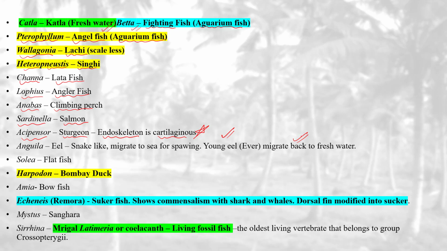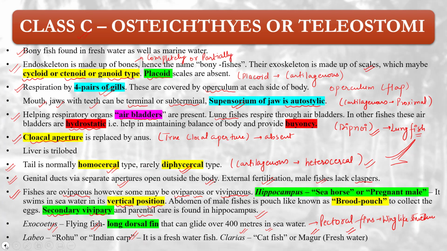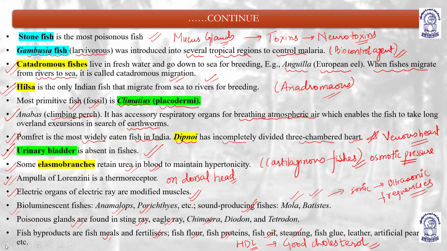So there are two terms, catadromous and anadromous. Please watch my previous videos so that you get to know about these terms, the different types of migrations. I'll show you where I have kept these terms.